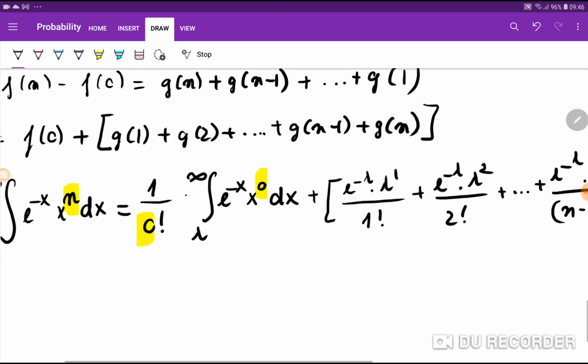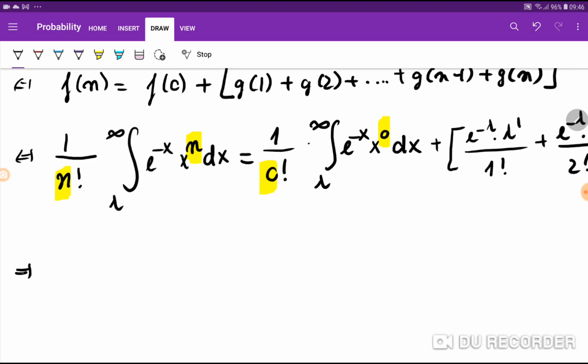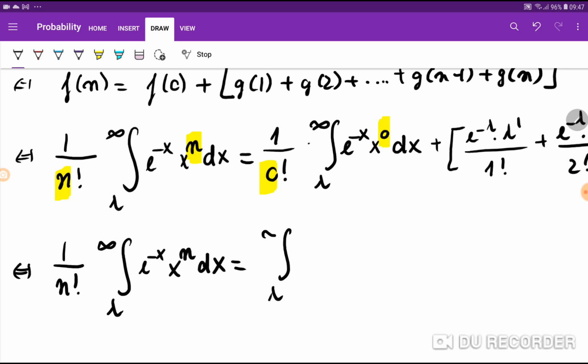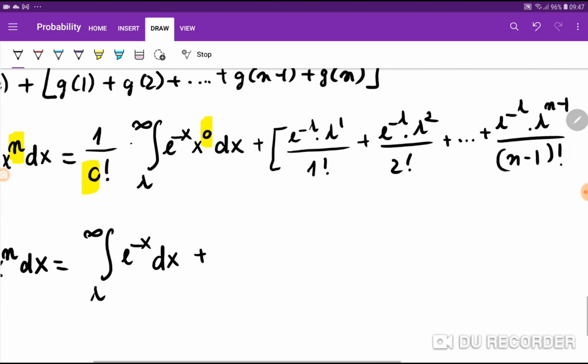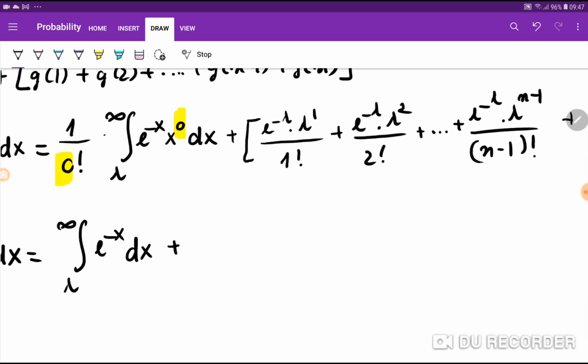All right, let's see what I can simplify and write in a better form. The left-hand side I don't know what to do with, so I just keep on rewriting it. Guys, if you have a chance, always simplify your expression. 1 over 0 factorial, 0 factorial is 1, x to the power 0 is 1, so this only leaves e to the power negative x dx. And this is a summation. Can I write it in a geometric form? Of course I can.